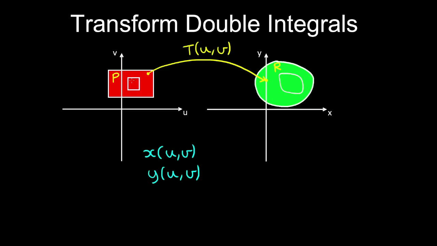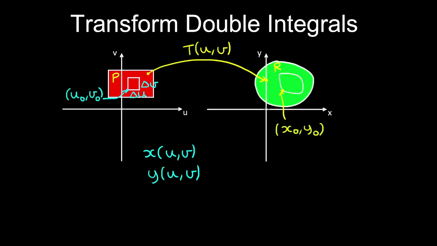So if we take a small element in the uv plane, which has a width delta u and height delta v, and we look at this corner point having coordinates u0, v0 in the uv plane, then this point gets mapped to a corner point on this element in the xy plane. So this point will have coordinates x0 and y0.